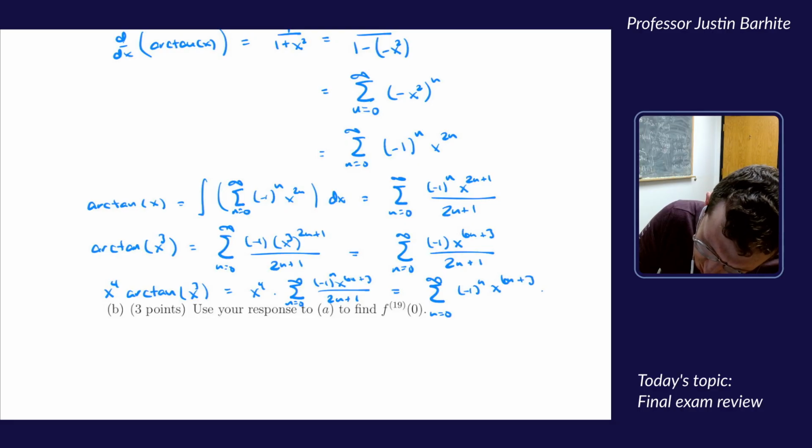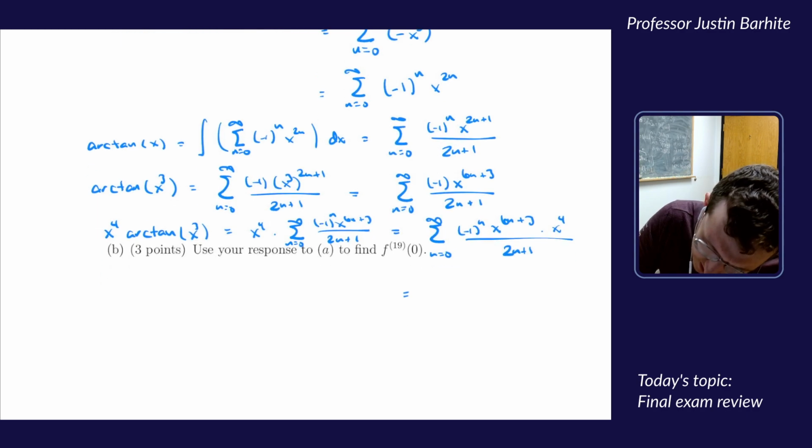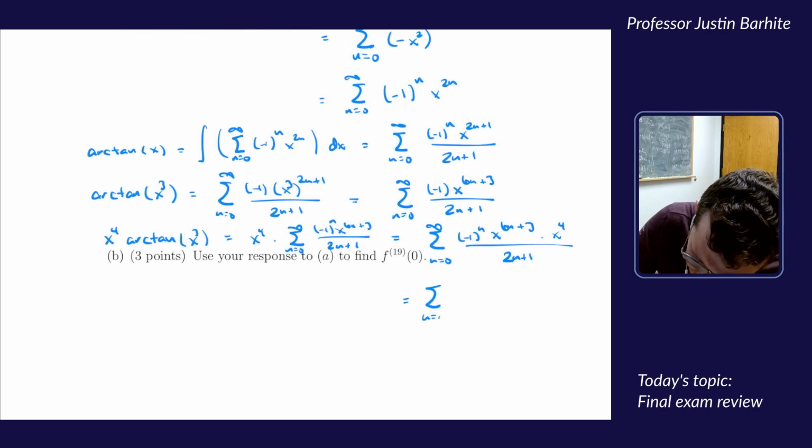That's just going to add a 4 to the exponent. That is x to the 6n plus 3 times x to the 4th is x to the 6n plus 7.